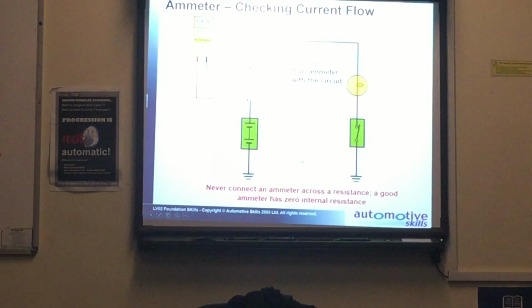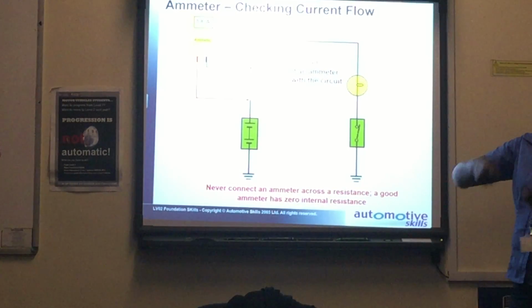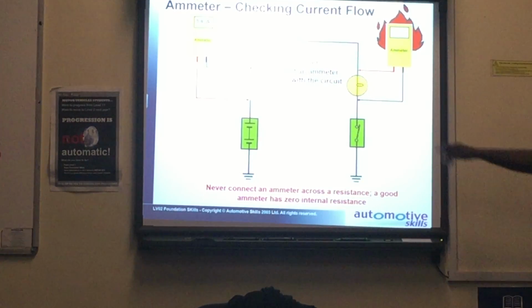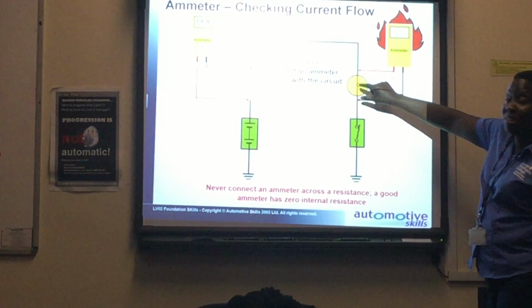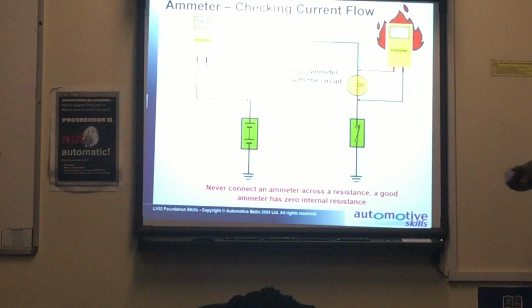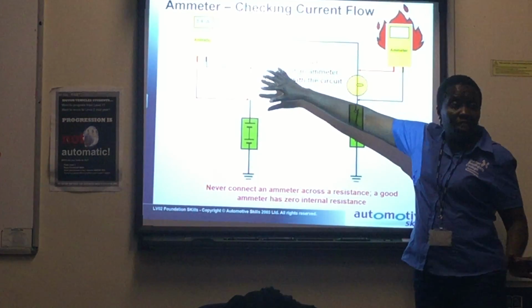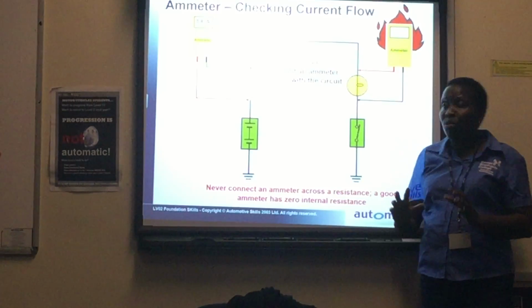So always remember to fit the ammeter in series with the circuit. If you fit the ammeter across, there is too much resistance there. That thing will blow. Can you see? Here we have set the ammeter in series, which is acceptable.